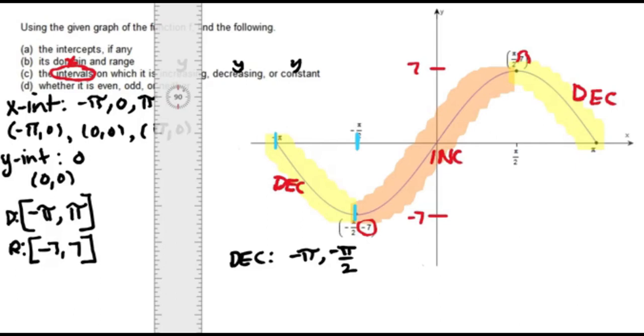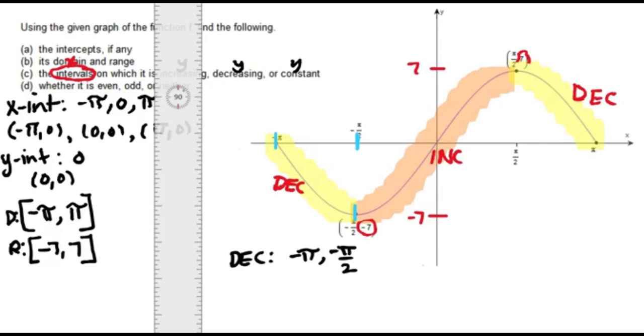So then we're writing our interval notation, and we need to decide whether we're going to include the endpoints or not. And this is sort of a debatable topic, and it's based upon how your book defines increasing, decreasing, and constant. I teach out of 2 different books, and they have 2 different definitions. One of them allows for the endpoints to be included, and the other one doesn't.